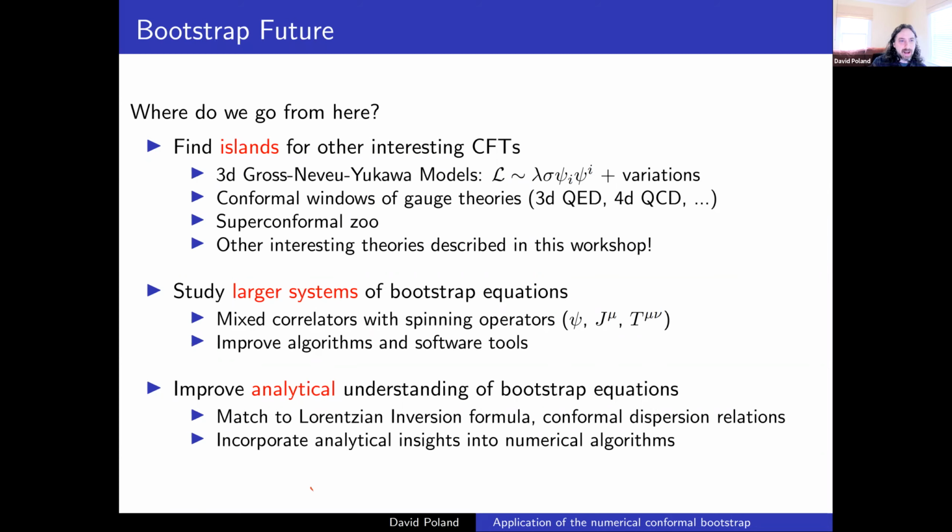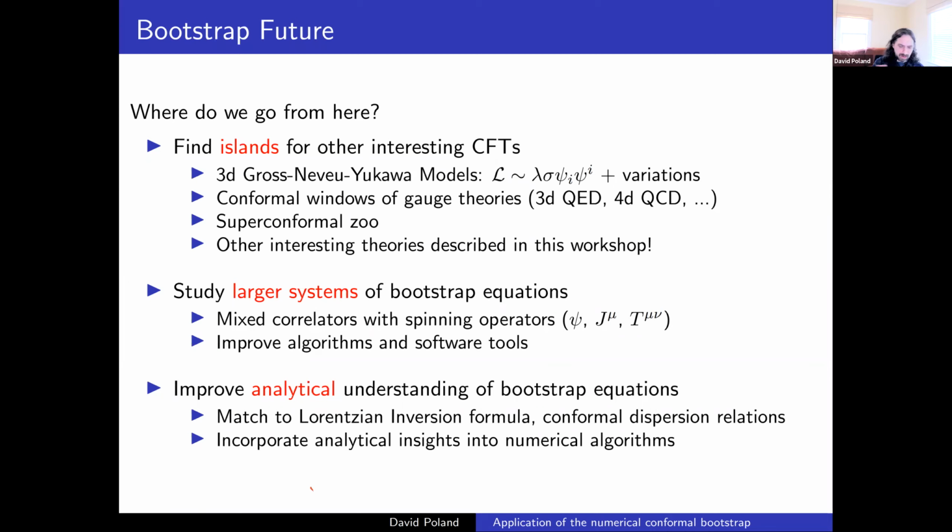And of course, hopefully this workshop will also produce discussions about lots of other interesting theories relevant to statistical systems. So one frontier is to really push to larger systems of mixed correlators involving, say, spinning operators. You can explore other algorithms and develop more efficient software tools.